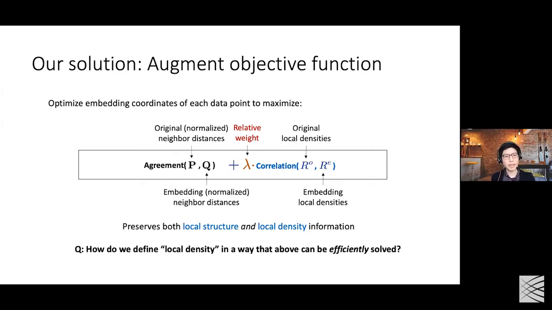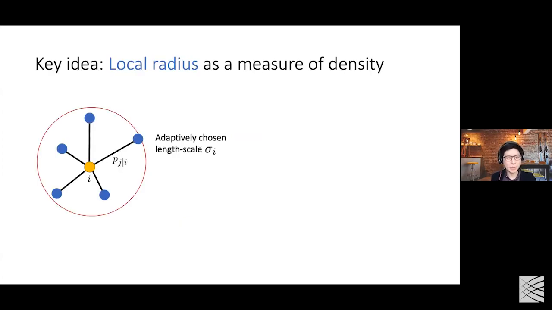First of all, we need a formula that is differentiable with respect to the embedding coordinates, so we can optimize them using gradient approaches. On top of that, we also want the gradients that we compute to have an efficient form so that they can be easily computed during optimization. Figuring this out was one of the main parts of this work that took many months for us to get right. I won't go into too much detail here, but here's a high-level intuition of what we did.